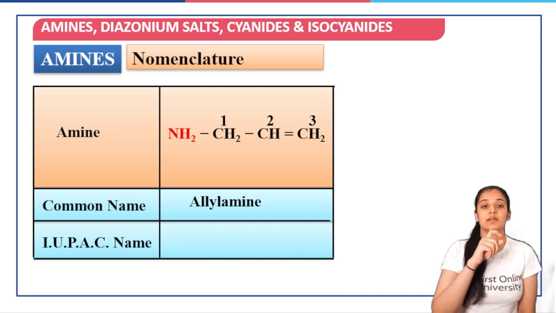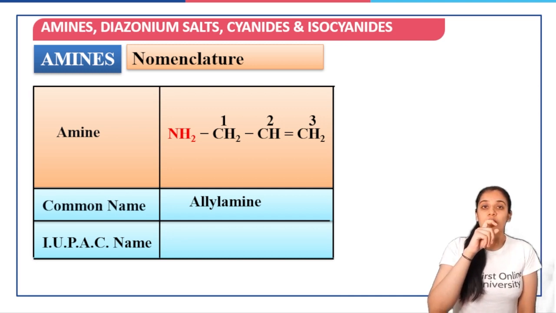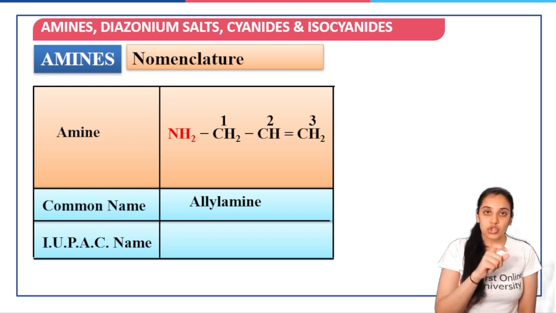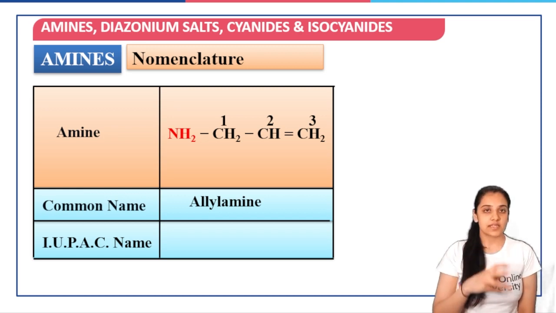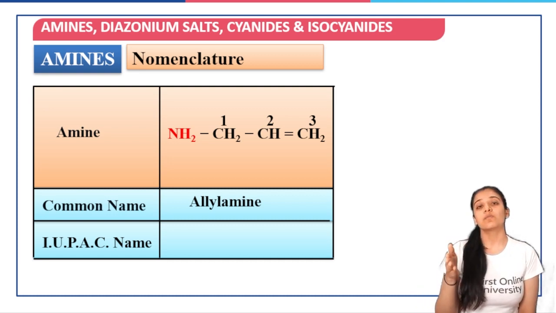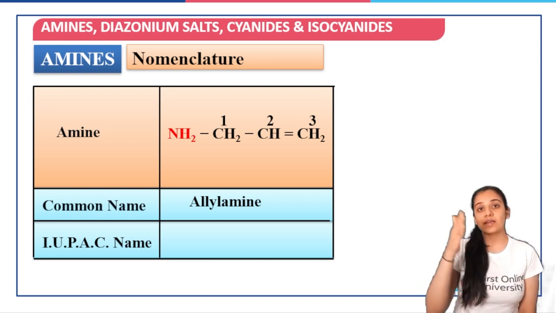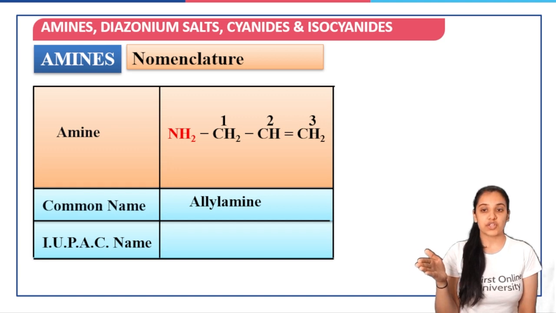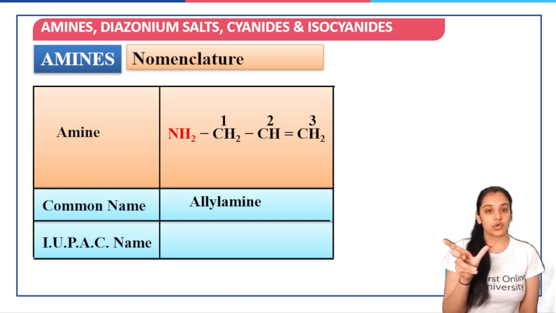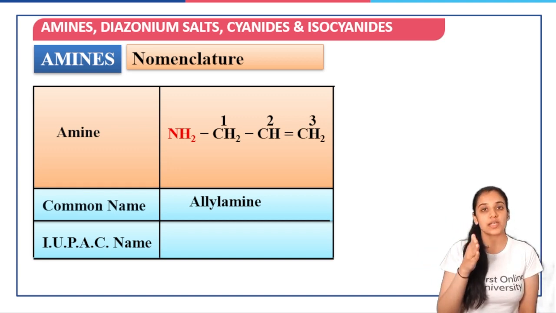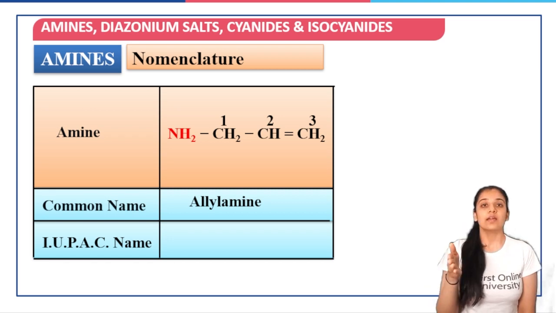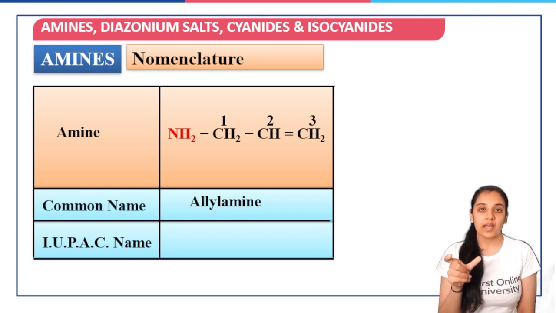The carbon atom to which the functional group, nitrogen or oxygen, is attached is further attached to an sp2 hybridized carbon with a double bond next to it. We call it the allyl group. Had the carbon attached to nitrogen been directly double bonded to another carbon atom, it would have been a vinyl group.